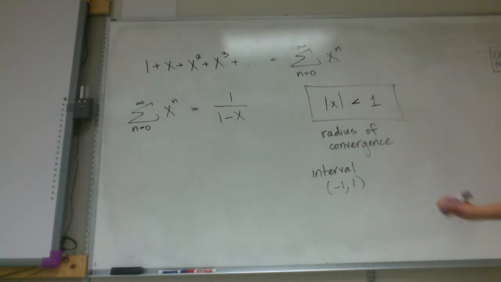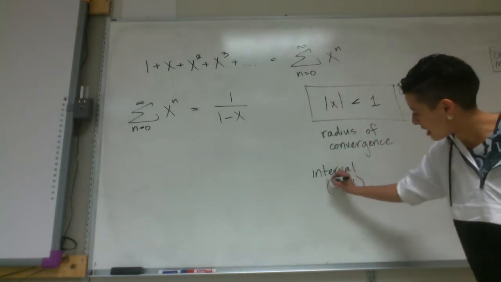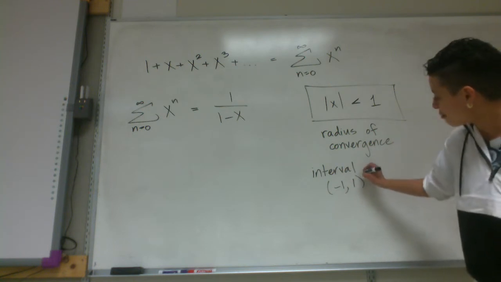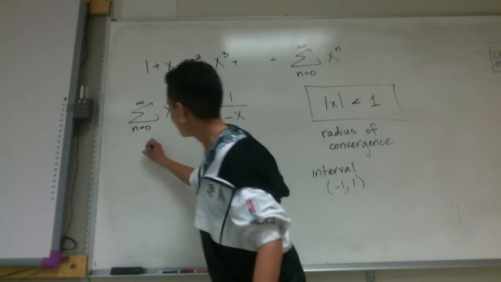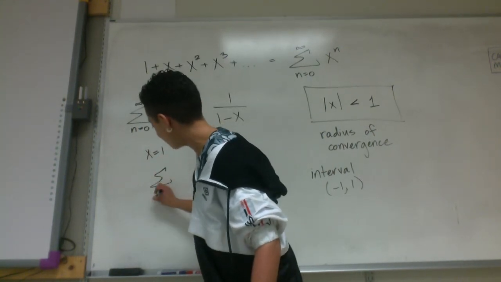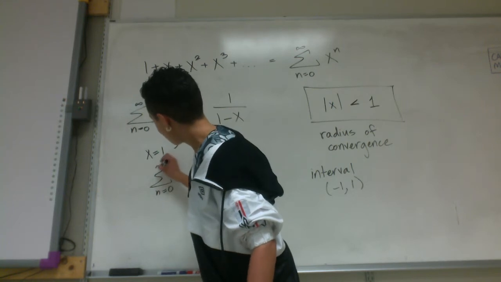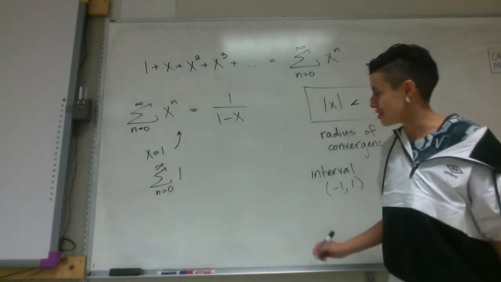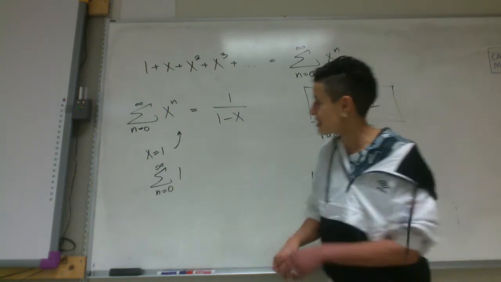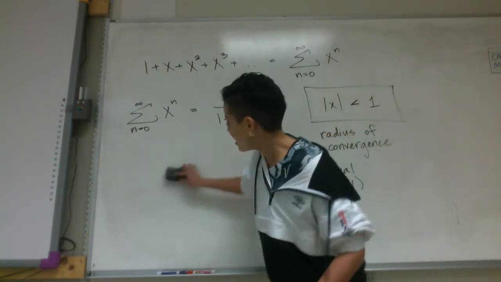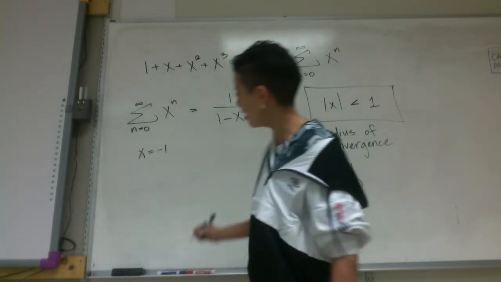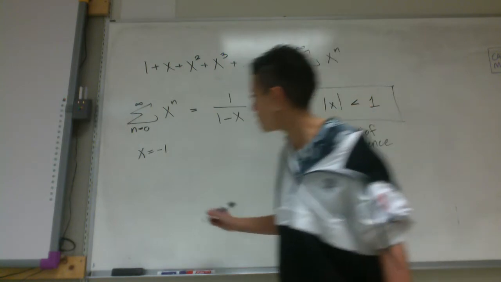For those of you that are interested in thinking about the endpoints here, which we often want to test, clearly in the x equals 1 case, this becomes that, which is clearly a divergent series which goes to infinity, which makes sense. The interesting thing, I think, is testing the case where x equals -1, which we've certainly looked at a lot in my class.